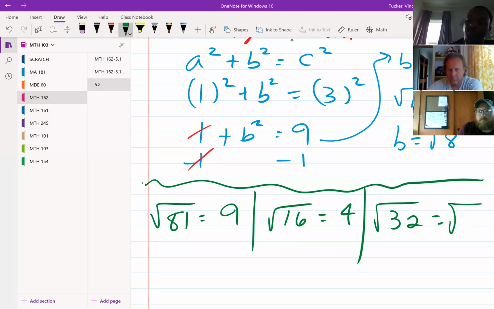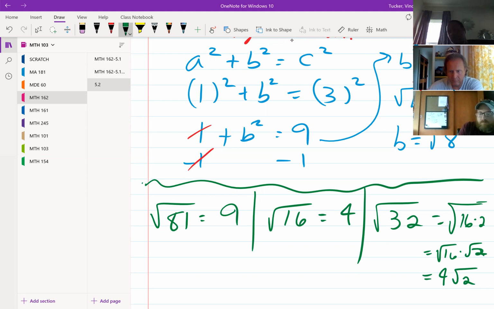But what I can do is break it up into factors that can be taken the square root of and factors that cannot. 32 is 16 times 2. I break it up in that way because I can take the square root of 16, leave the 2 under the radical. Square root of 16 is 4. And 4 square root of 2 would be the most simplified way of expressing that square root of 32.